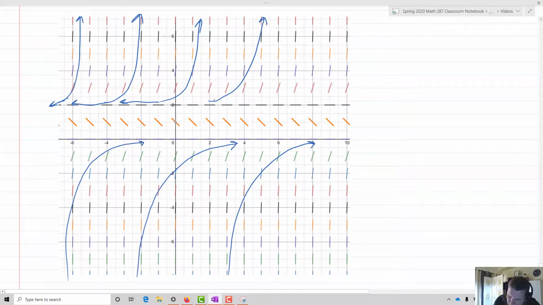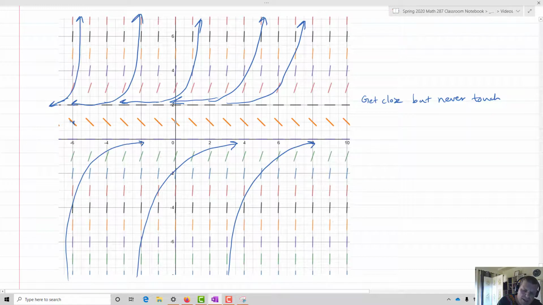So they're increasing towards y equals 0, but never actually hitting. And notice that's the behavior at an equilibrium solution: we get close, but never touch. They're like asymptotes, not exactly the same. Then, if we look here, notice that we have a decreasing curve with a change in concavity.